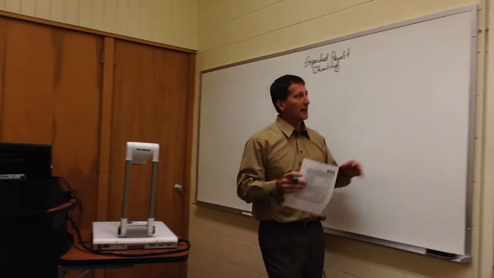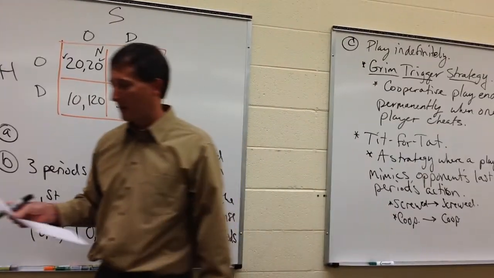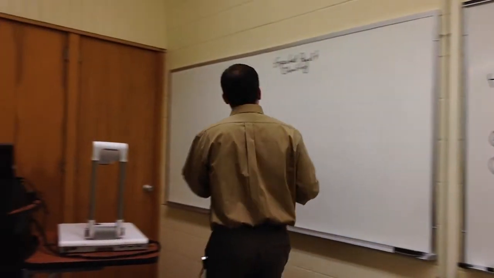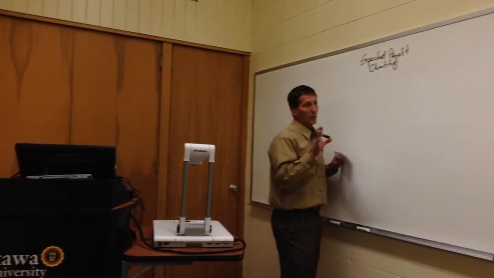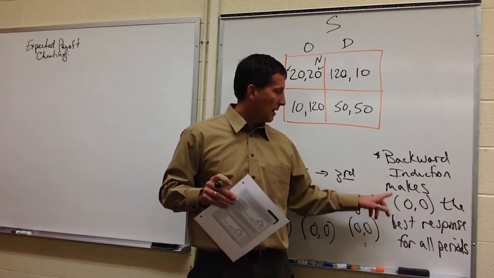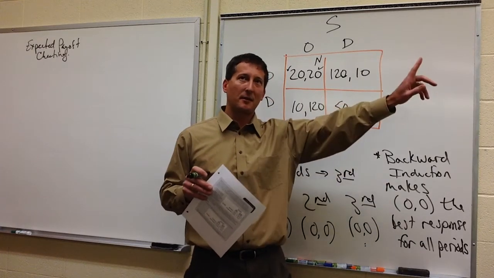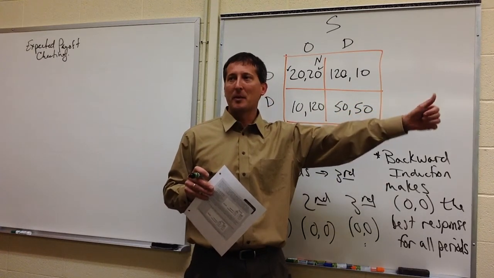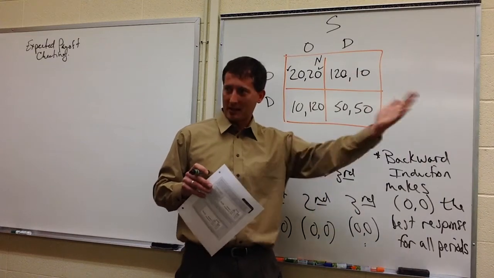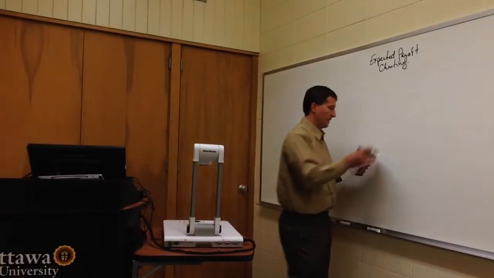So here we've got a game being played forever, though, and that makes it a little bit more difficult. Similar to what we did here, if it makes sense to cheat in the 5th period, it would make more sense to cheat in the 1st period. It would collapse down. So we just need to focus on the 1st period's cheating.